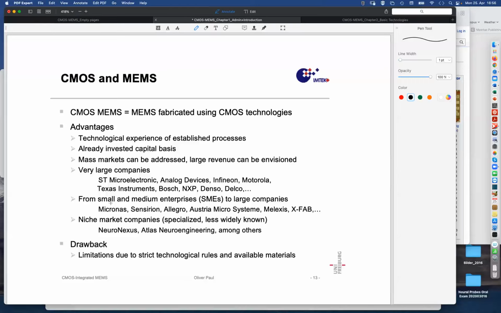But then there are also small and medium companies. I mentioned Sensirion before, with 250 million of revenue per year. You're a pretty small company in this world. Micronas is located here in Freiburg at Hans-Bunte-Straße. They make a lot of micro magnetic sensors, magnetic sensor chips, very successfully.